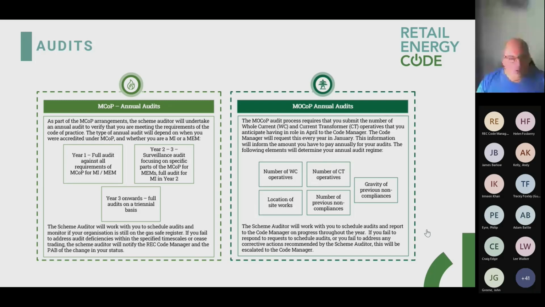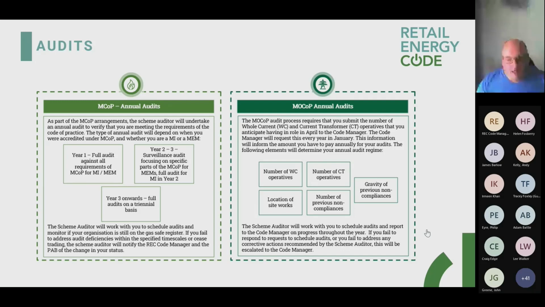That comes out of trend analysis, and that's one of the things that the Performance Assurance Board will look at: are there things coming up on the audits that are affecting a large number of organisations that they need to concentrate on and address? And then year 3 onwards, again, you're back to a full audit.